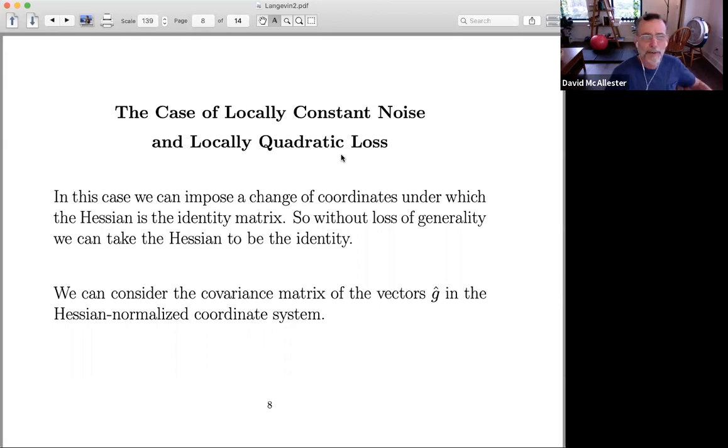we can simply work in a coordinate system. You can always choose a coordinate system by looking at the eigenvectors of the Hessian, such that in that coordinate system, the Hessian of this quadratic basin is the identity matrix. So without loss of generality, you can do a Hessian normalization of the coordinate system and get a loss function whose covariance matrix is just the identity.